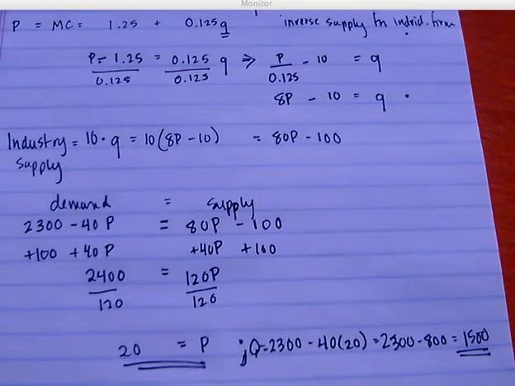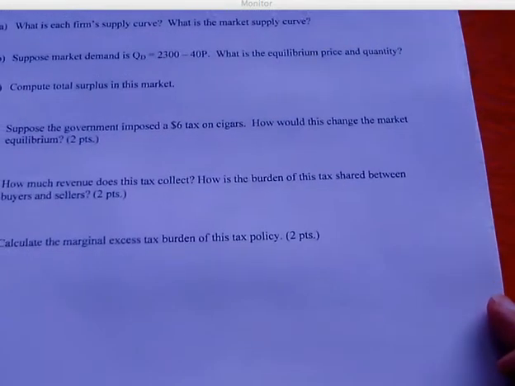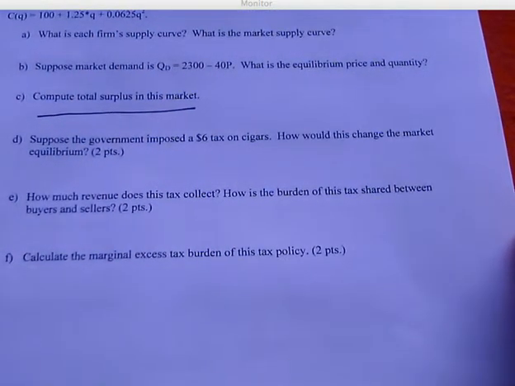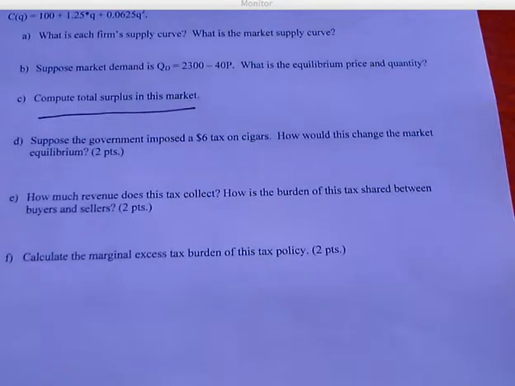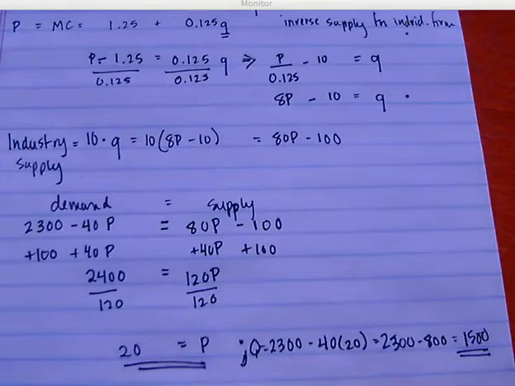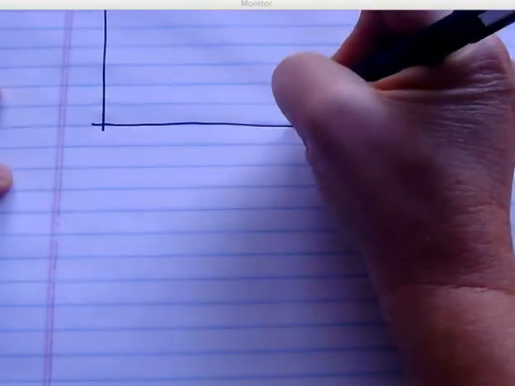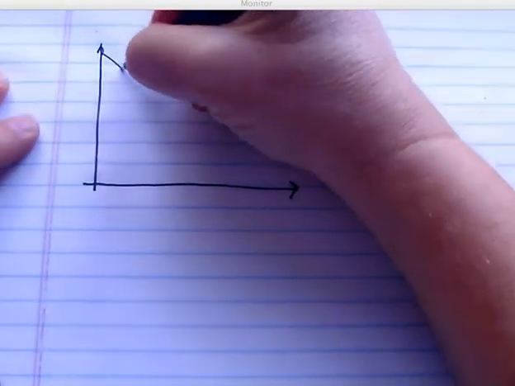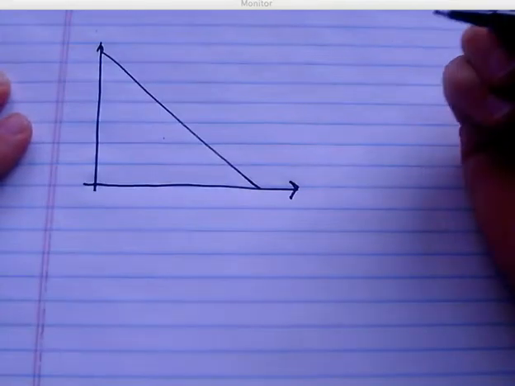Then part C of this question asks us to calculate total surplus in this market. Okay, so the easiest way to calculate total surplus is to do it by thinking of this as an easy diagram. So let me just show you what I mean. Right. So we know if we've got a demand curve that's linear, and of course we do, right?